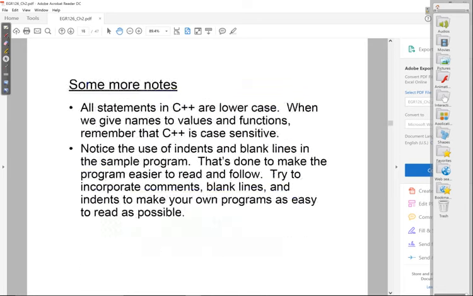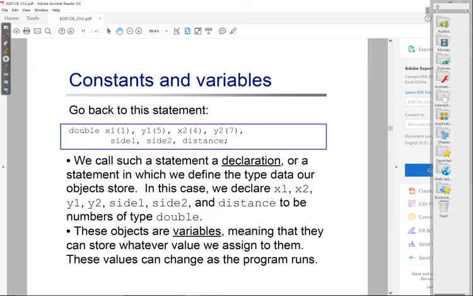Okay, and so let's get into a little more detail, right, about variables and all of that. So if you go back to this command, right, where we declared our variables for x1, y1, and so on, okay? Another thing that I should have pointed out here, and let's talk about it now, is the parentheses with the numbers, okay?